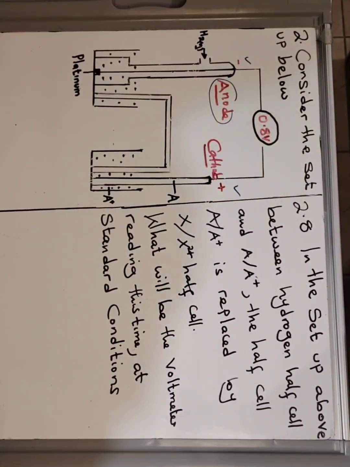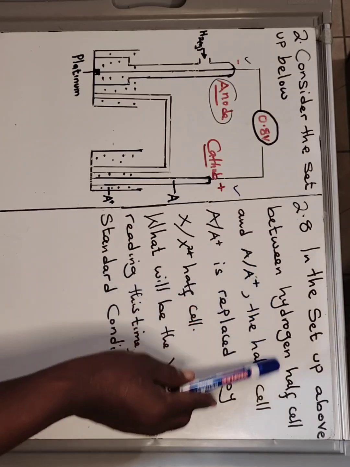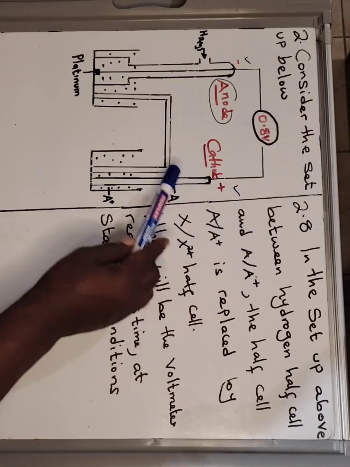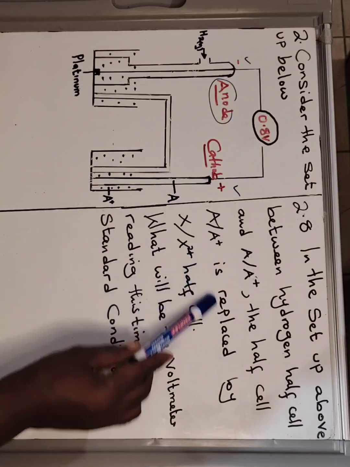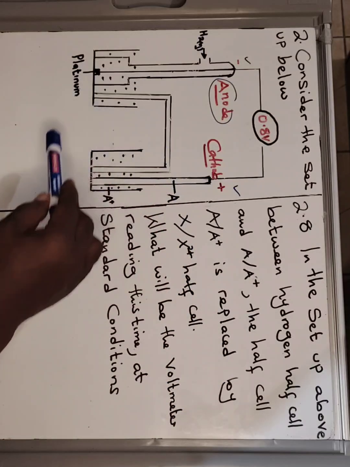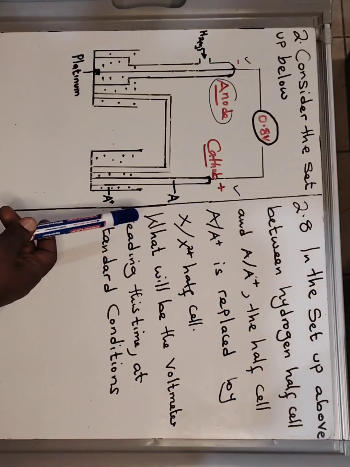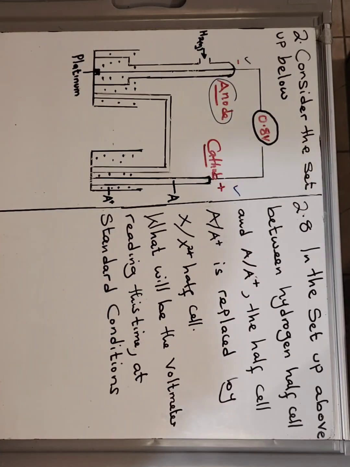Then lastly, about the setup, this question comes. The question says that in the setup above between hydrogen half cell, this one, and A half cell, this one, the half cell of A is replaced by X, the one we just calculated. And the question says, what will be the voltmeter reading this time at standard conditions?